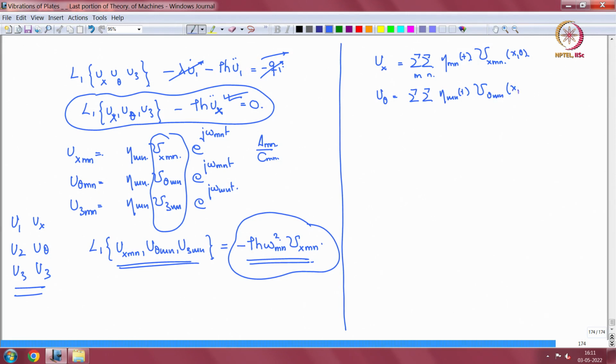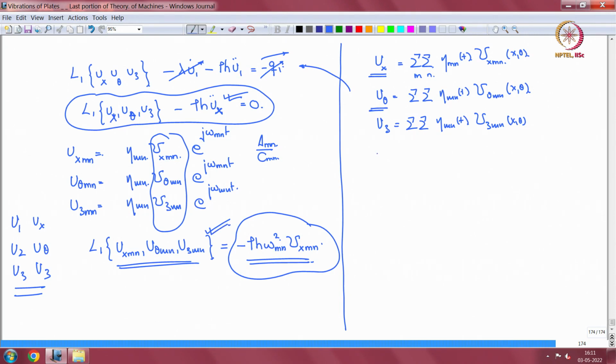Now I am substituting the full displacement, not single modes. Then u3 as a summation over mn of eta mn of t, called the modal participation factor, times u3 mn of x, theta. I substitute this and then use this fact.